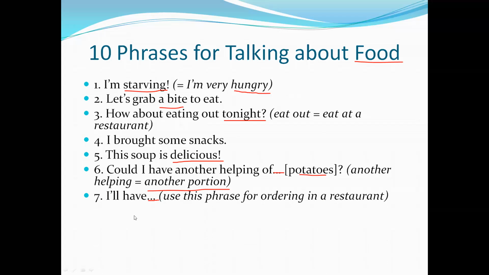If we talk of Indian food, you can say "I will have some pav bhaji" or vada pav, or maybe some dishes that you know. This way, you try to order food when you are eating outside or when you are at a restaurant.